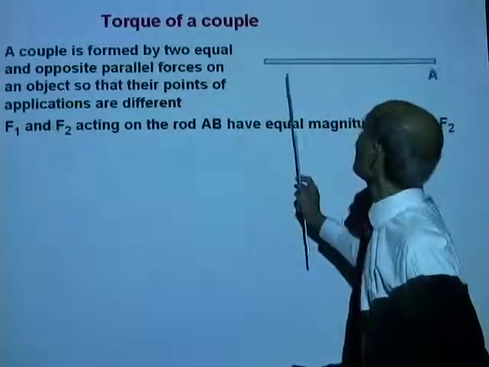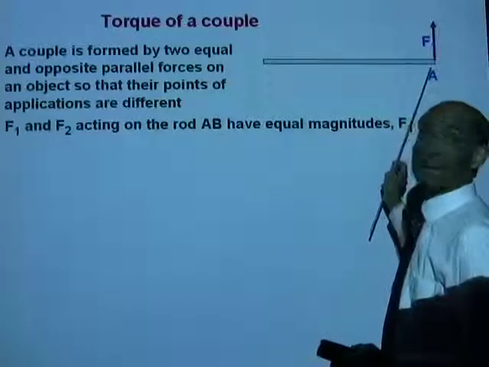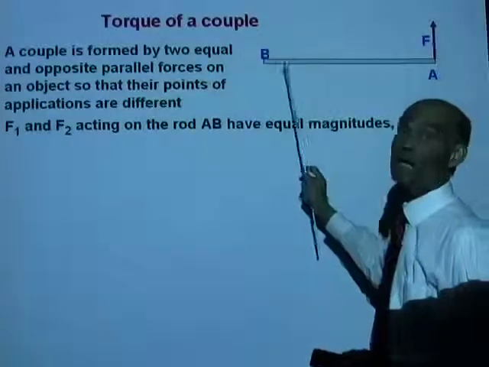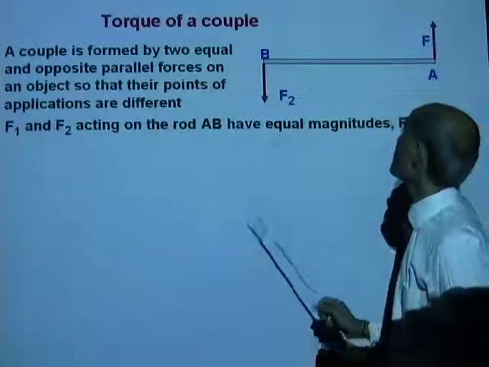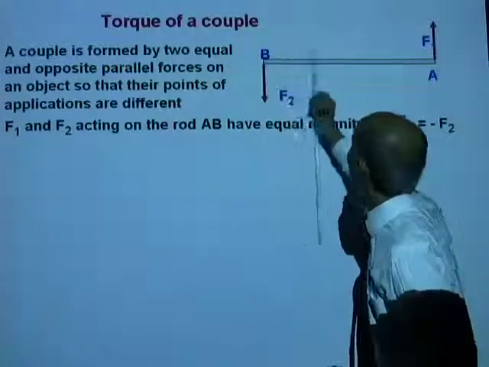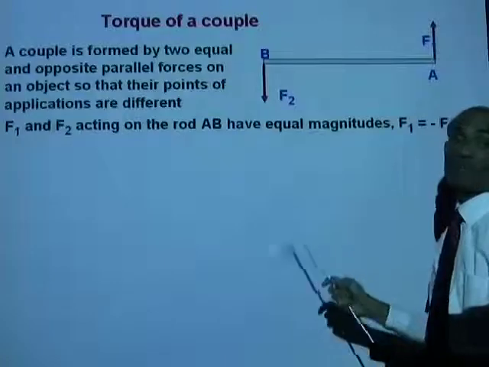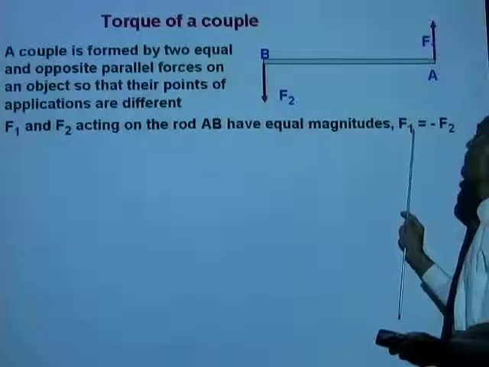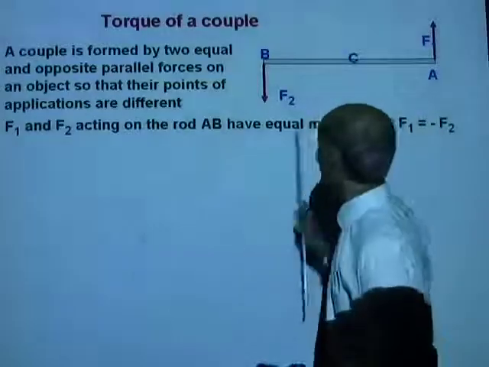Here we have an object: a force F1 is acting at point A and a force F2 is acting at point B. They have equal magnitudes, meaning the lengths of the arrows are exactly the same, but they are oppositely directed. F1 equals negative F2.